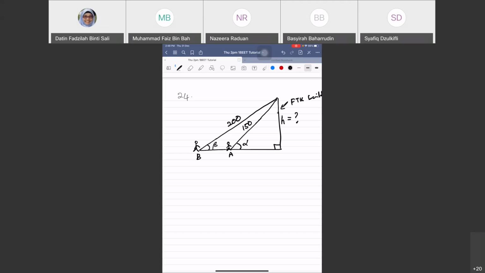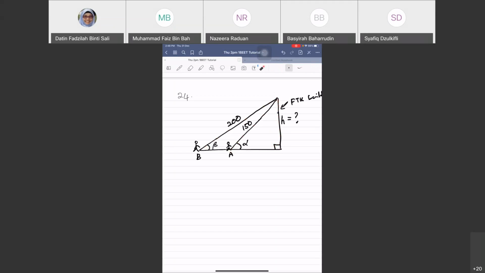You need to find the relationship from the two triangles: one big triangle and one smaller triangle.